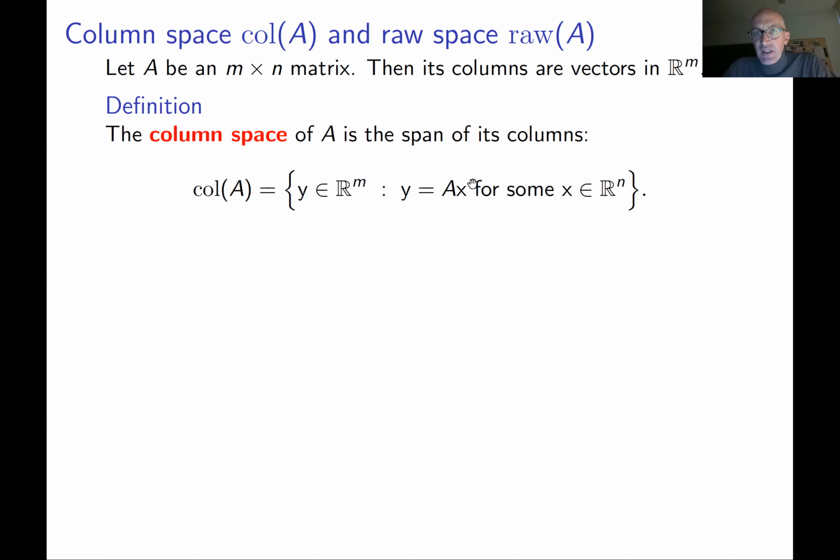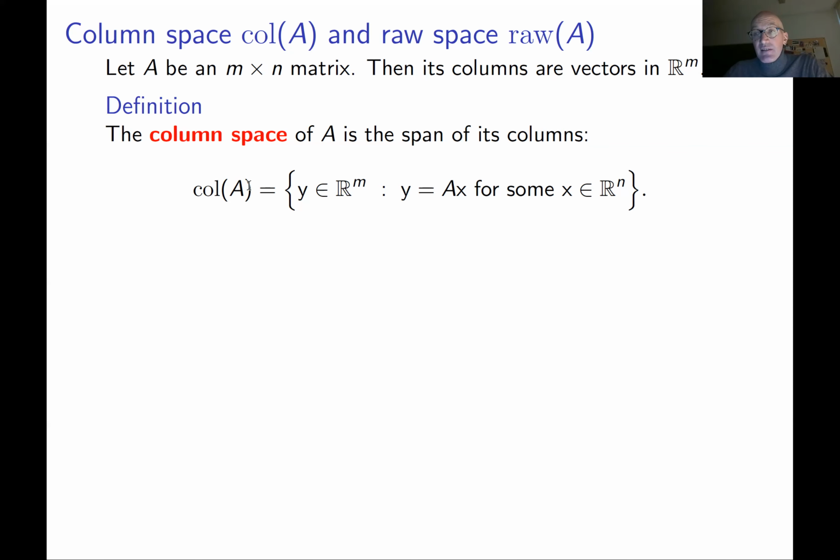So when you take this product, you get a linear combination of columns of matrix A, and vice versa. If you have a linear combination of columns of matrix A, it can be written as A times x, where vector x consists of the coefficients of your linear combination. Okay, so this is the column space.